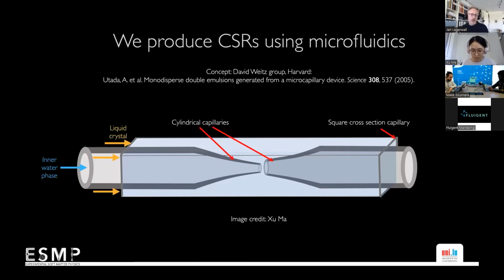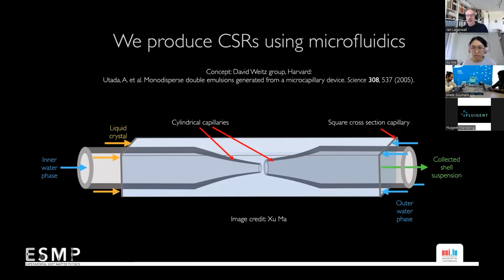And then we pump the liquid crystal in the voids surrounding the cylindrical capillary, inside the square capillary. And from the right, in the same square capillary, we pump the water phase that is going to be on the outside.